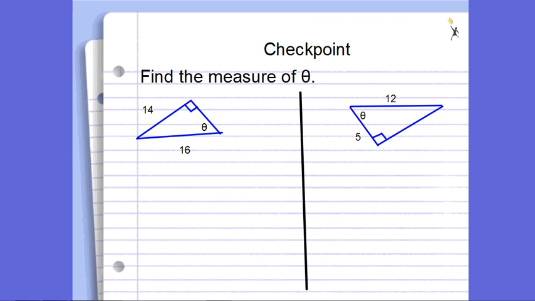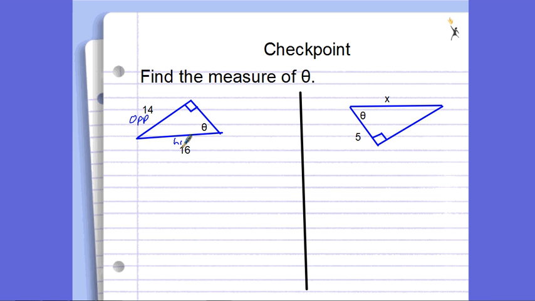Okay? So finally, see if y'all can figure this one out. Just try the first one. The 14 and the 16. Alright, so I have that right triangle. Okay? Guys, based on theta, here's theta. What does the 14 represent? It is my opposite. And what does the 16 represent?